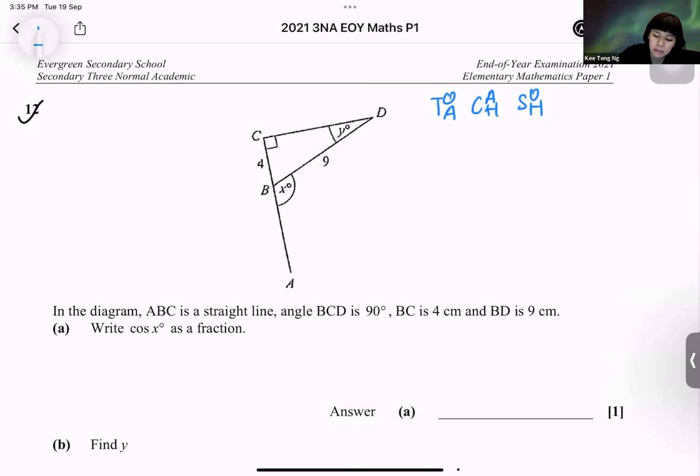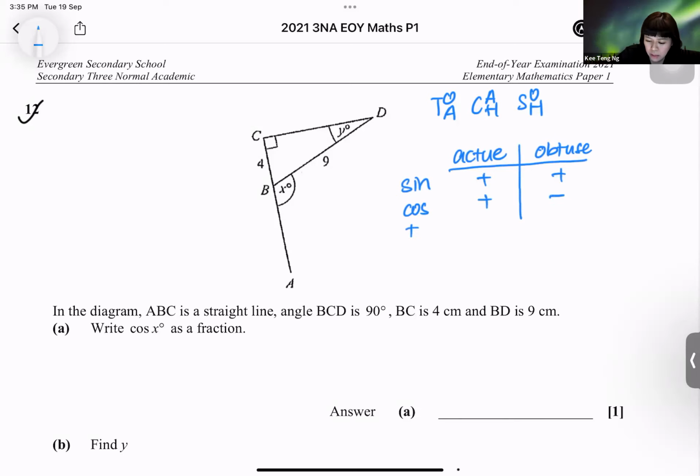Then you have another table to help you with the acute angle and the obtuse angle. Remember, if it's sine, both of them are positive. Cosine, acute angle one positive, the other one is negative. Tangent, acute angle positive, obtuse angle also positive.